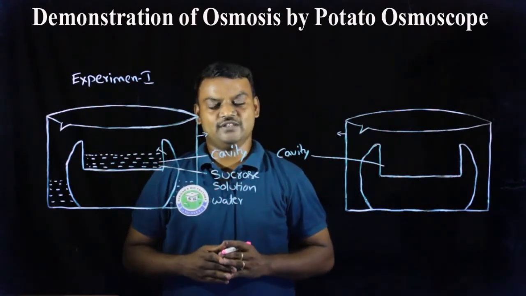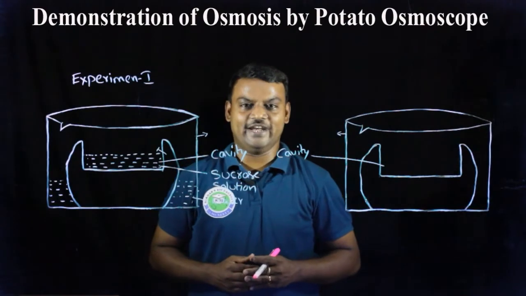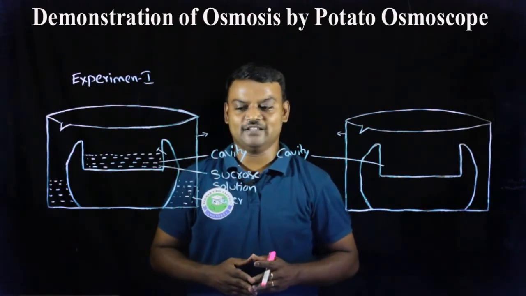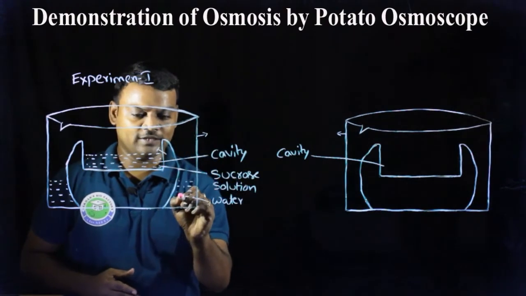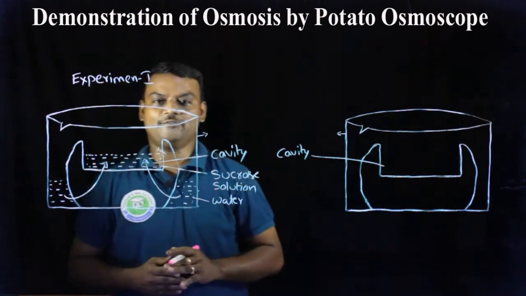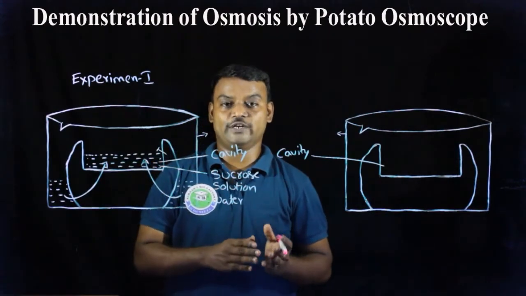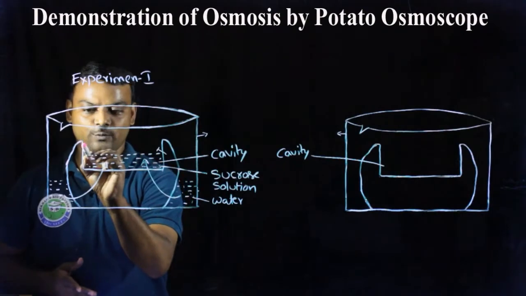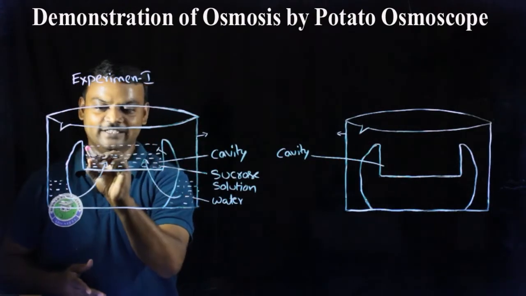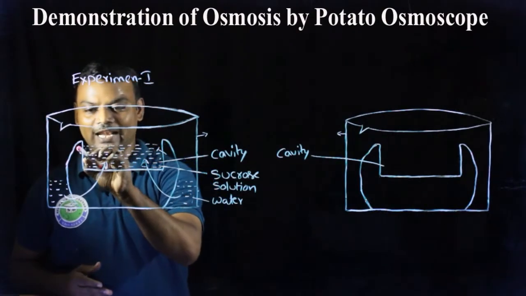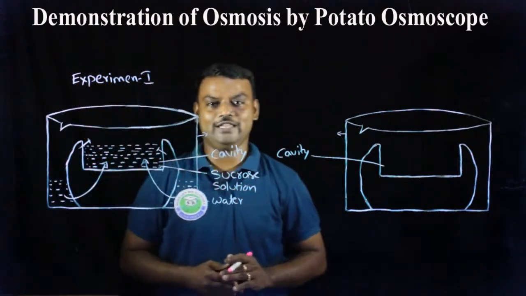In such a condition, based on concentration gradient, the movement of solvent or water takes place from outside to inside of the potato. Due to transportation of water from outside into the cavity, we can gradually observe the level of solution increasing, and the final level is also marked with a pen.